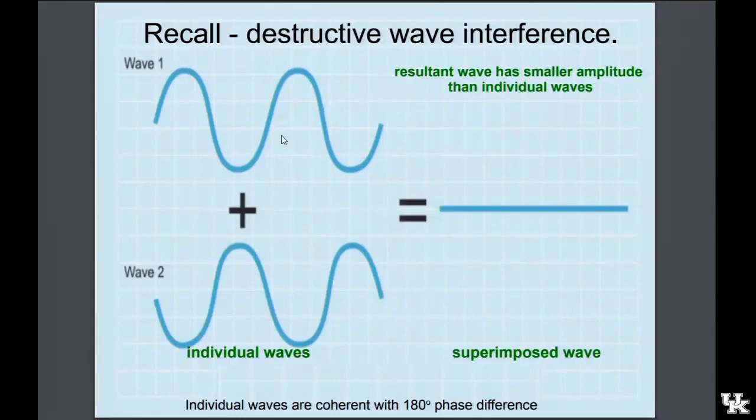And then the partner to that is, again, here we've got two waves, upstairs, downstairs. These two waves are colliding, superimposing, coalescing with one another. But these two waves are 180 degrees out of phase, half a cycle out of phase. So these two waves interfere destructively with one another, and they're actually canceling each other out.